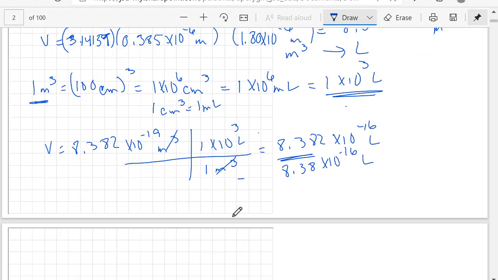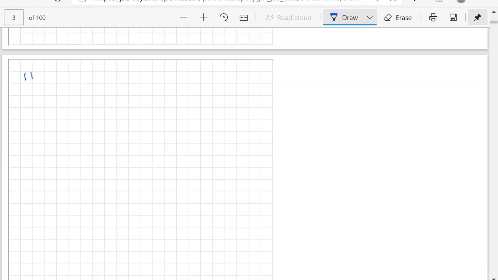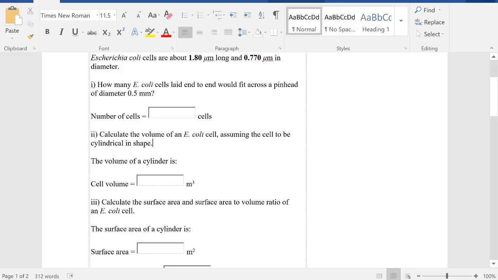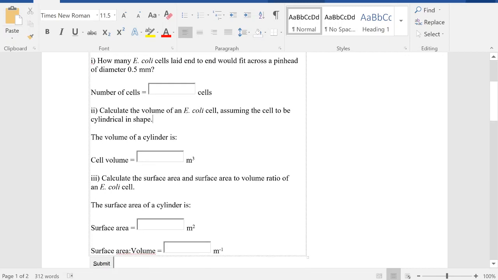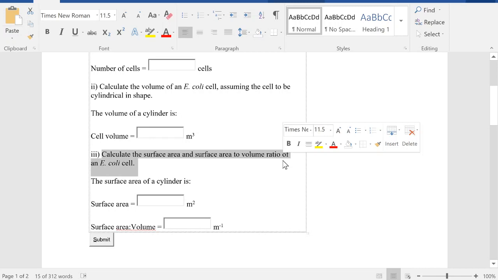Alright, so the final question in that section, part 3 for that problem, was to calculate the surface area and then the surface area to volume ratio of an E. coli cell.